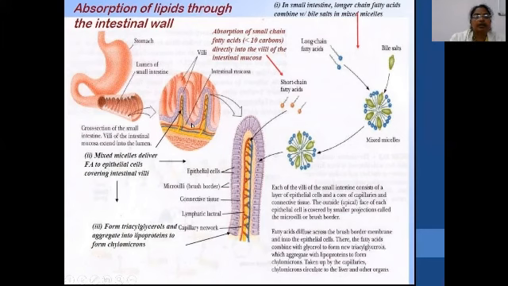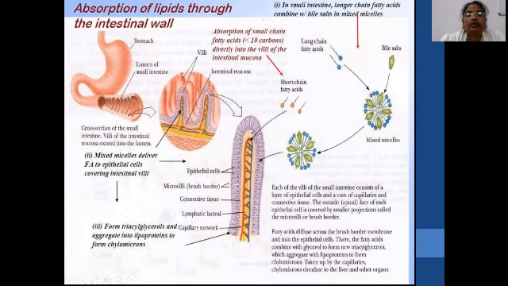Then in the intestinal mucosa, they form triacylglycerols and aggregate with lipoproteins to form chylomicrons. So this is again a small cut section, a small picture showing all this clearly.